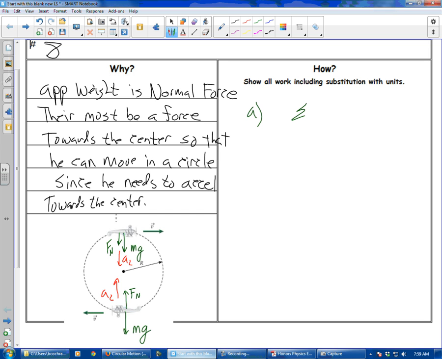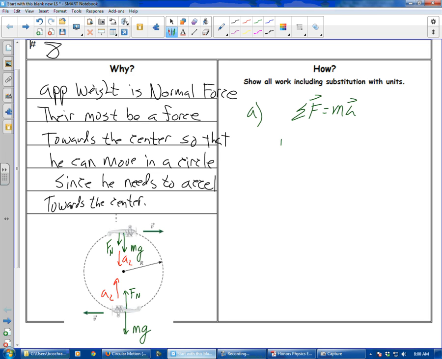And we start with Newton's second law. For the top position, which way do you want to call positive? I'd call downwards, or towards the center of the circle, positive, because all three things are pointing that way.